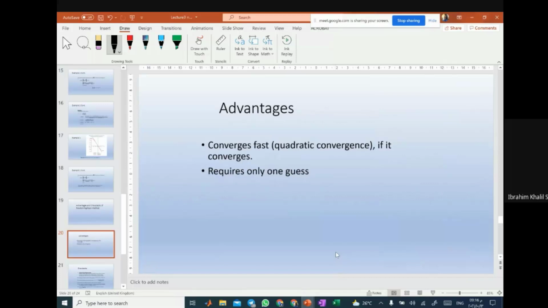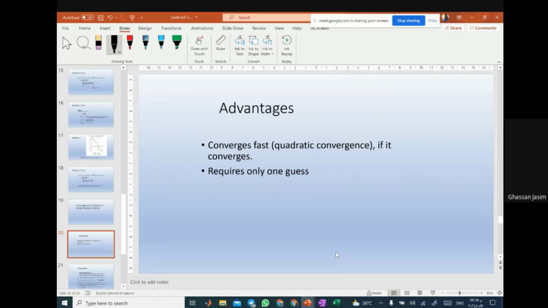Ibrahim, yes, doctor. Read this, please. Advantage: converges fast. Quadratic convergence, if it converges. Second, it requires only one guess. Just a minute, please, Ibrahim.